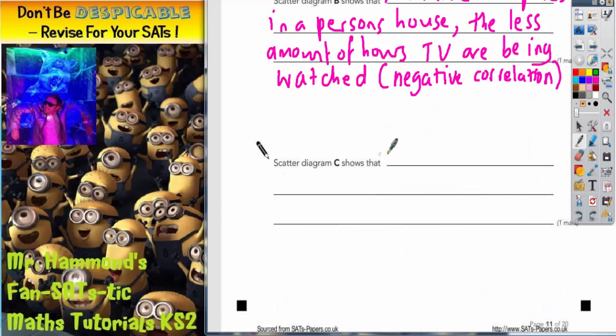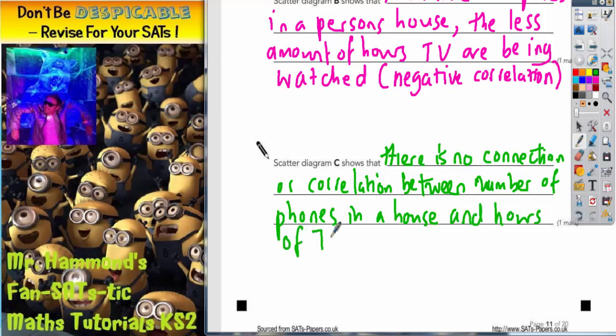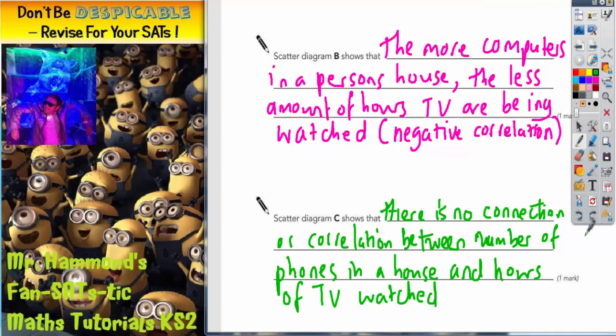So diagram C shows that there is no connection or correlation between number of phones in our house and hours of TV watched. And there you have it, two perfectly good explanations of what the diagrams show.